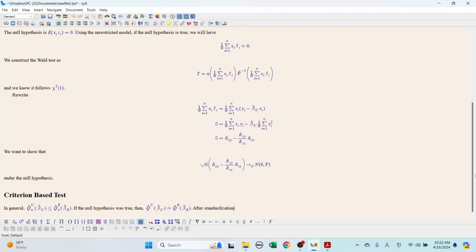After some standardization, the statistic will follow chi-square 1.